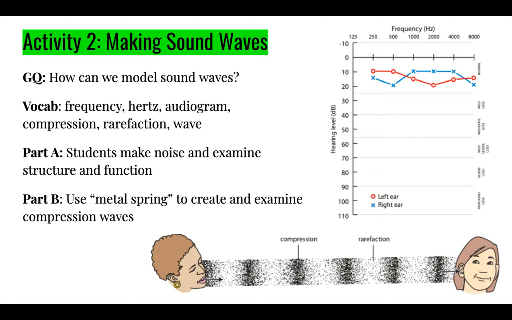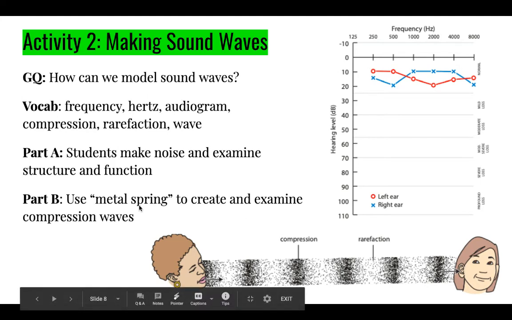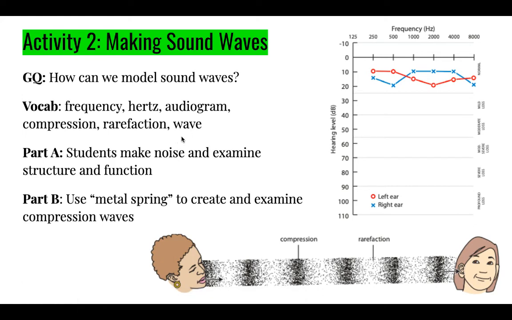Remember, sound waves need a medium to travel through. They are mechanical waves. Then we used that middle string to model compression waves. And this vocabulary is so repetitive at this point, hopefully you've got it.